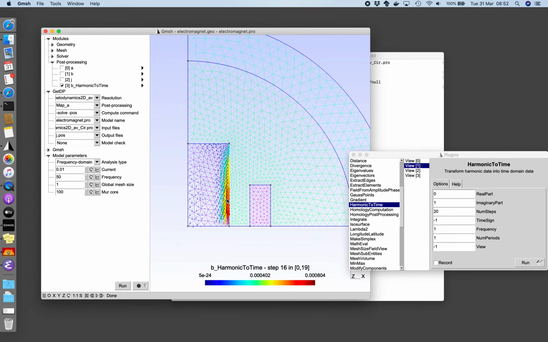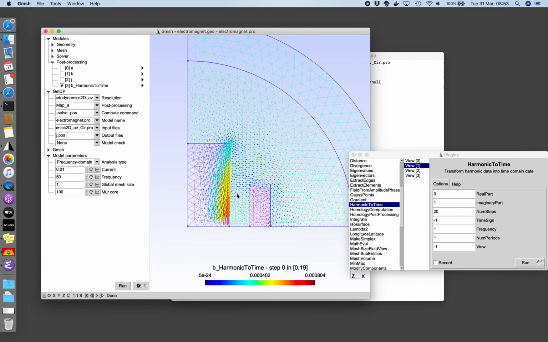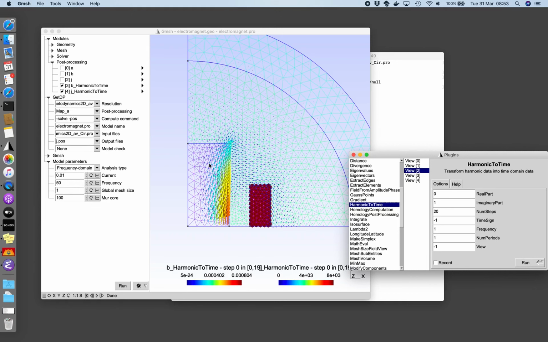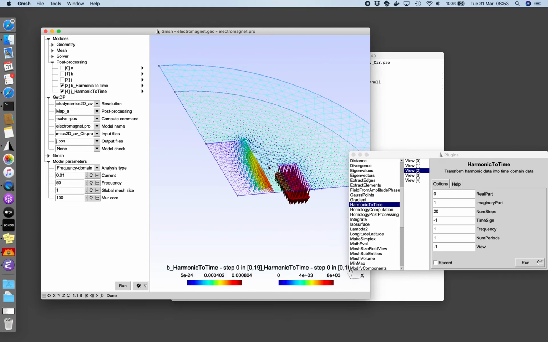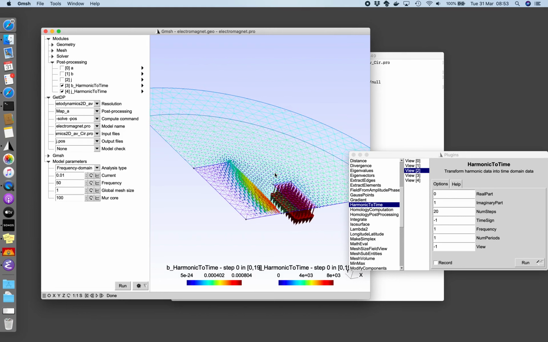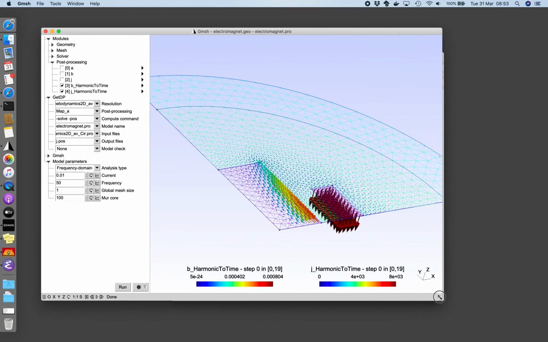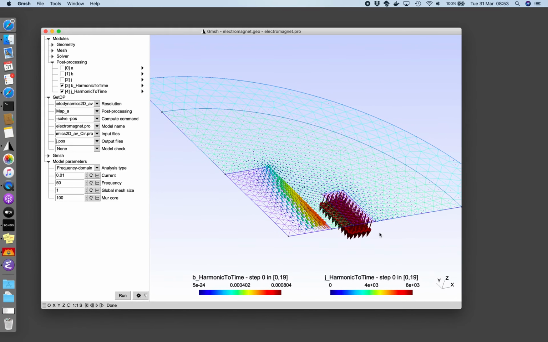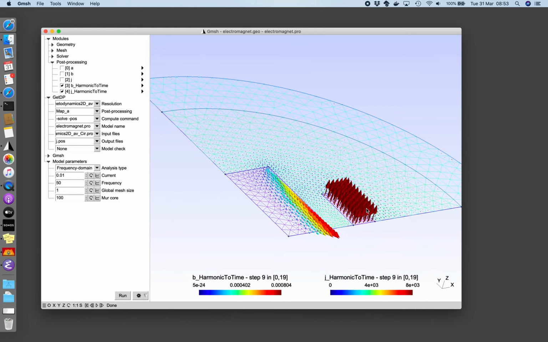We see the induced effects. What we could do, look, we're going to animate both B and J at the same time. So let's also apply this plugin on J, so on view 2. And let's plot B and J. So we have the two fields of interest over here. Let me make this a bit bigger. Okay. So let's animate everything. So what do we see?